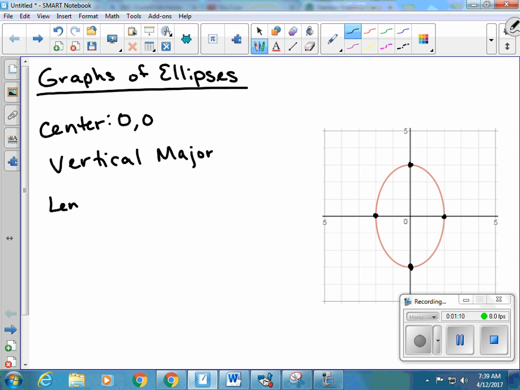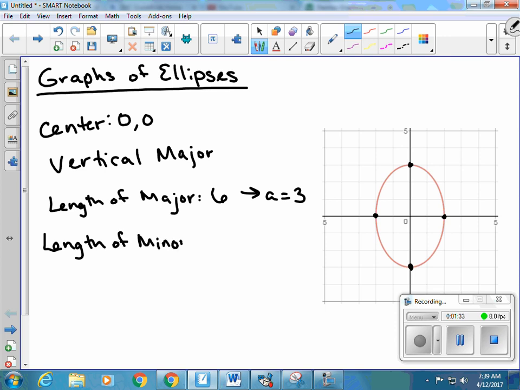The total length of the major is 6, so we know that A is 3. The length of the minor is 4. Therefore, we know that B equals 2.